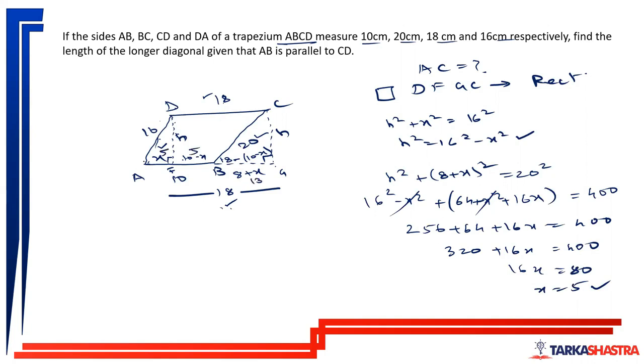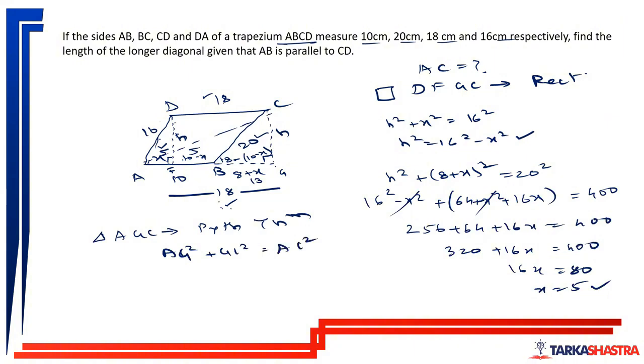We want to find AC, no? So consider triangle AGC, applying Pythagoras theorem. We have AG square plus GC square is equal to AC square, right? AG square is how much?